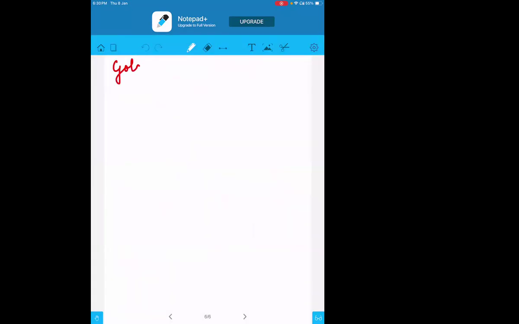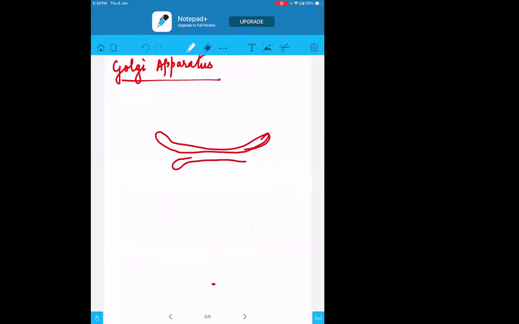Then the next one is the Golgi apparatus. They will be somehow like this, kind of these structures.